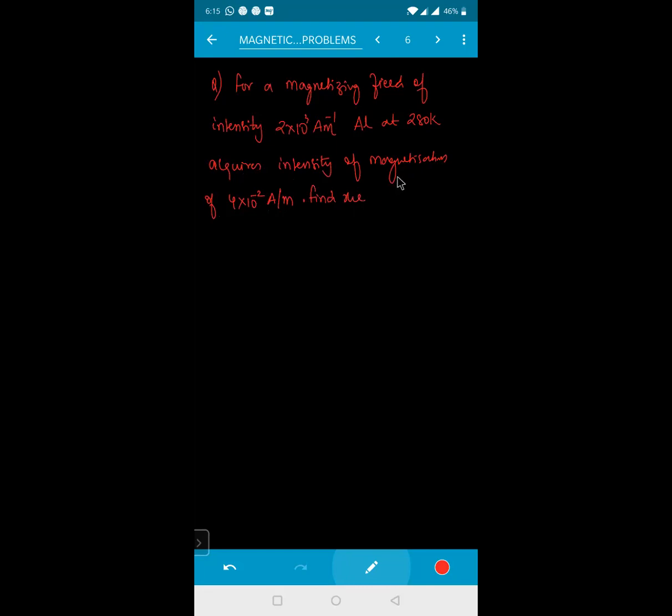Find the susceptibility of aluminum at 280 Kelvin.